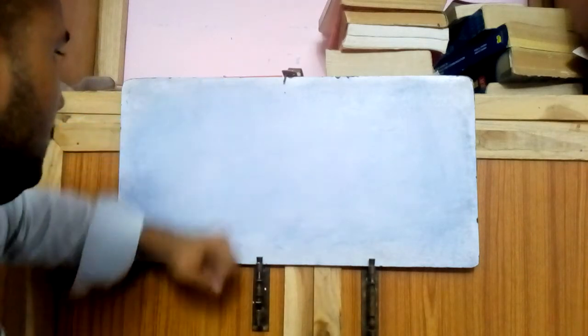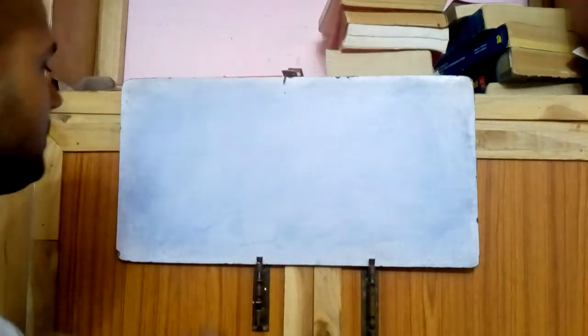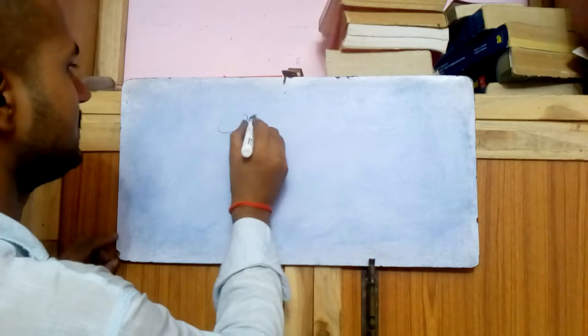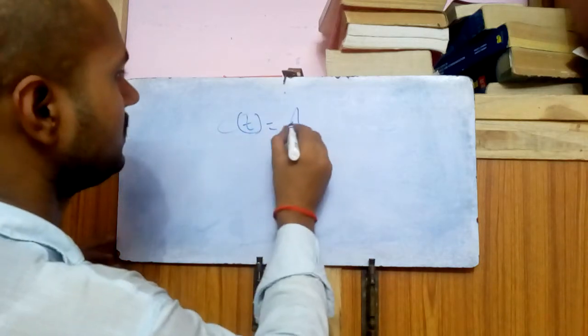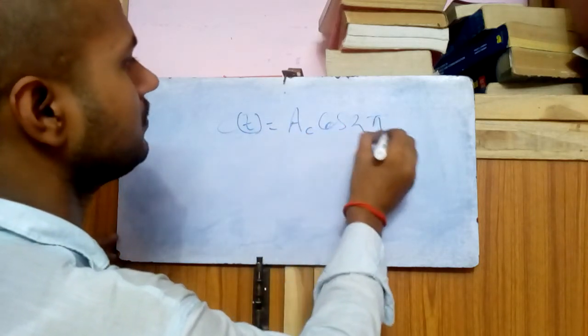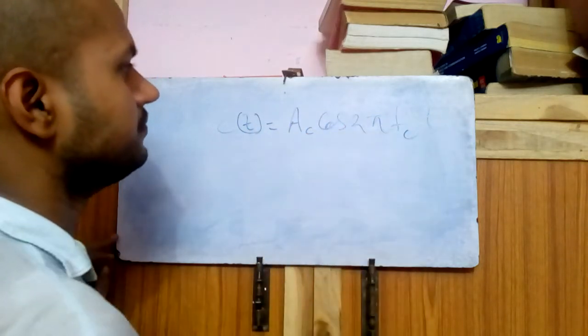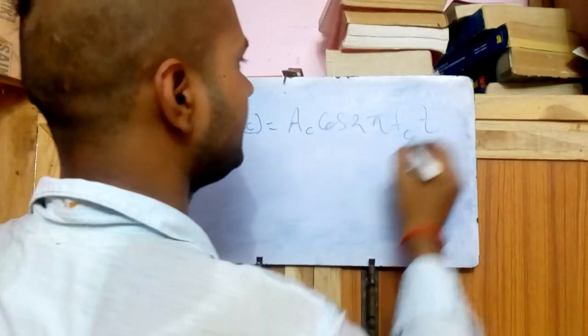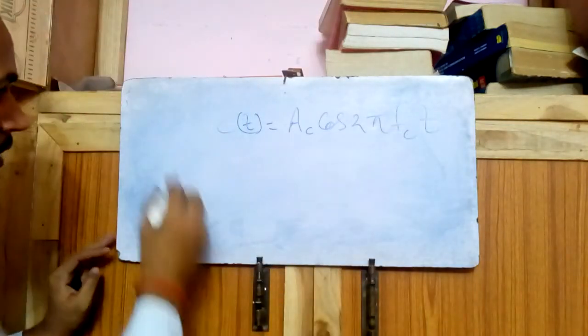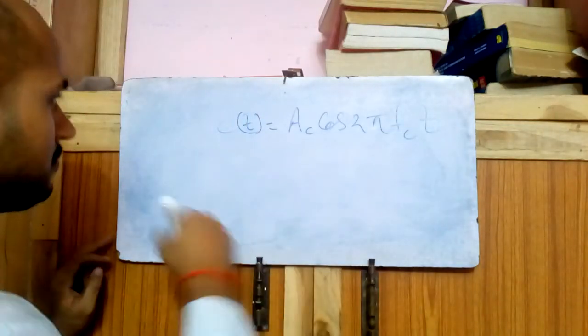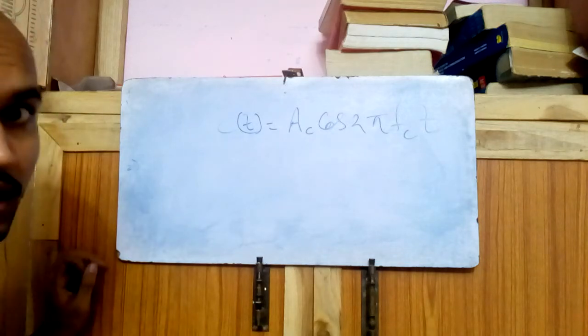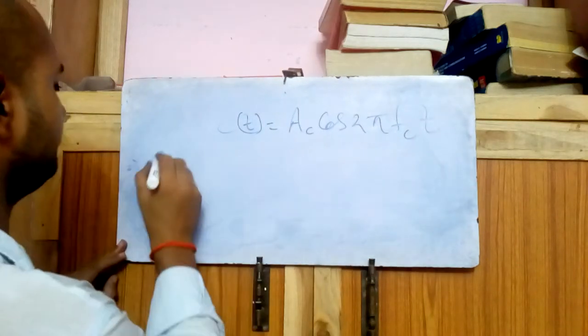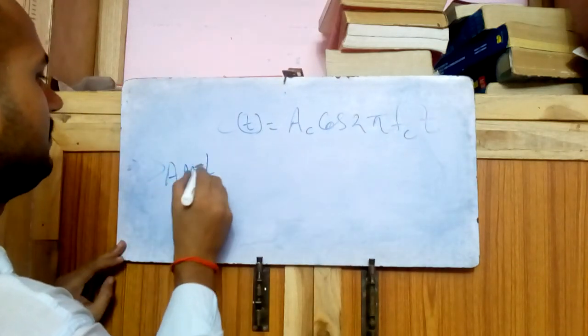Now, the carrier before modulation is c(t) = Ac cos 2 pi fc t, right? But the carrier after modulation is called s_AM(t).